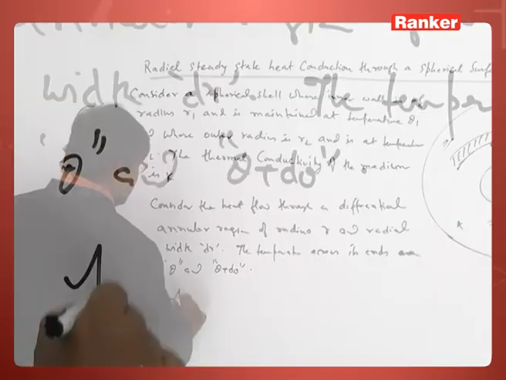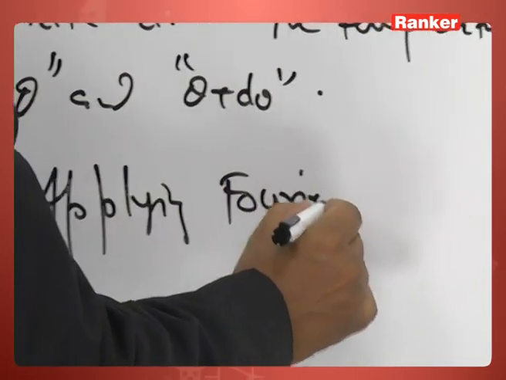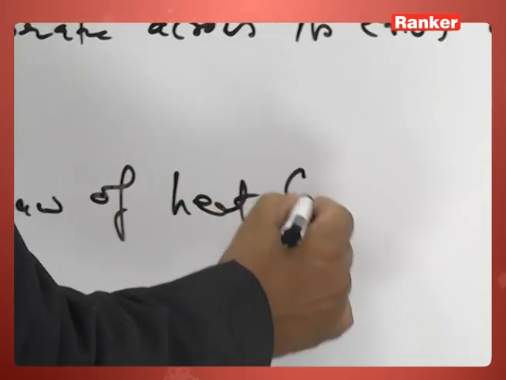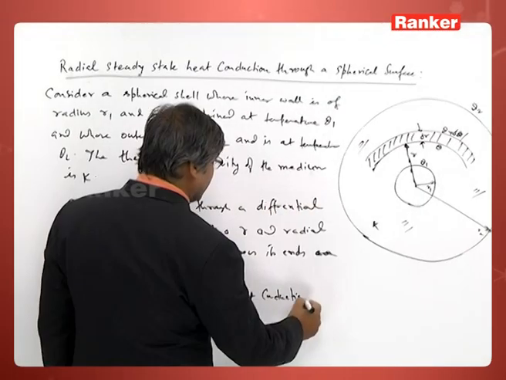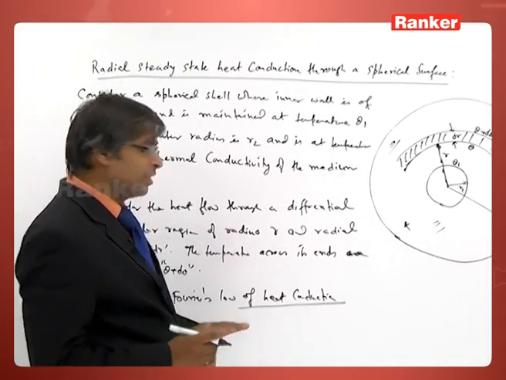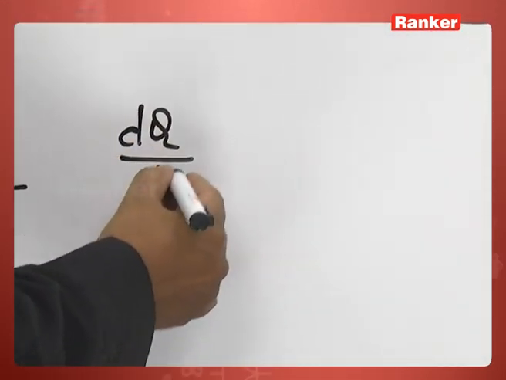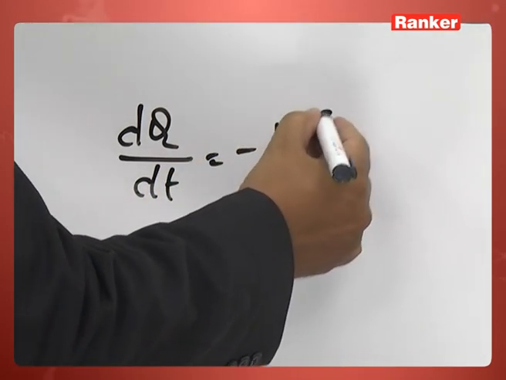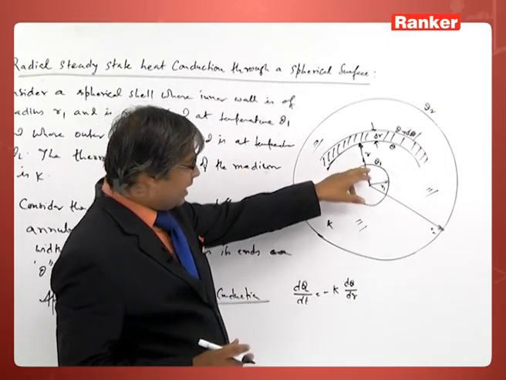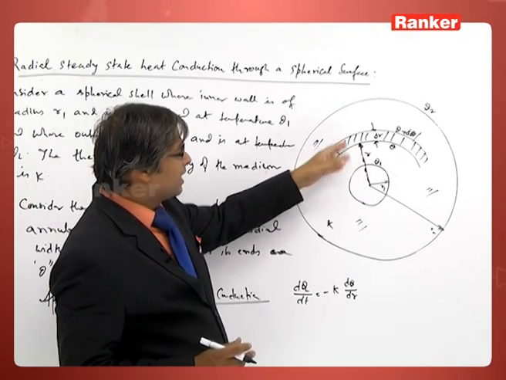So, let us apply Fourier's law of heat conduction, steady state heat conduction. Every time I am not required to write steady state, simply heat conduction will work. The heat conduction dq by dt is equal to minus k d theta by dr. What I wanted to tell is that in place of dx I will write dr, because this is radially varying.